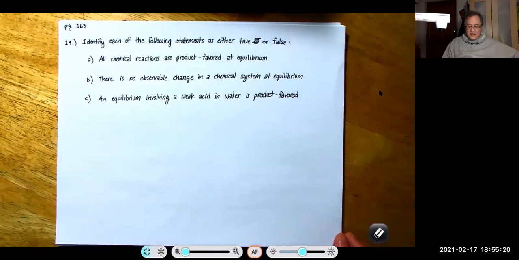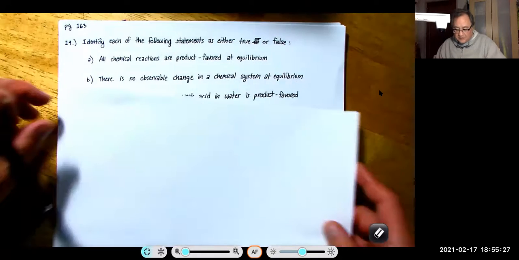So identify each of the following statements as either true or false. So this talks about equilibrium reactions.